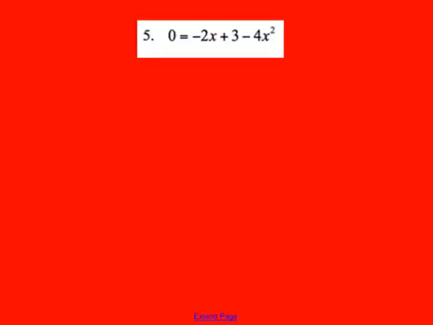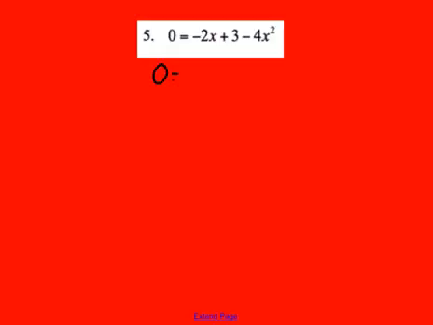Next one. 0 equals -2x plus 3 minus 4x squared. The first thing you should notice about this is it's not in standard form. What I used to do to make it less confusing is rewrite this on the other side of the equals.